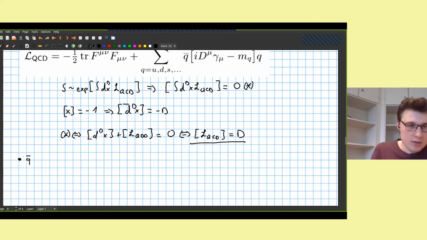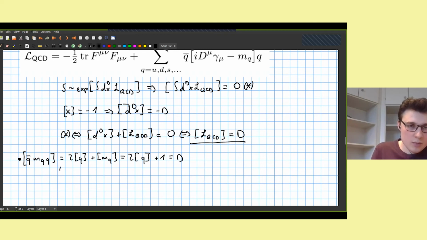So we start with the mass dimension of the quark mass term of some quark, not important here. Of course, every quark is treated in exactly the same way. So the mass dimension of the quark mass term is equal to 2 times the mass dimension of a quark field plus the mass dimension of a quark mass, which is very trivial, simply 1. And this should be equal to d.